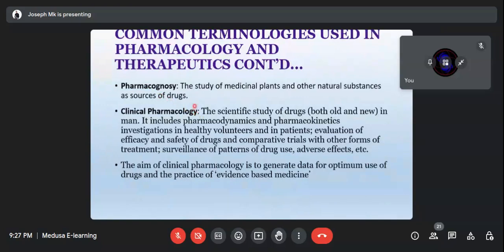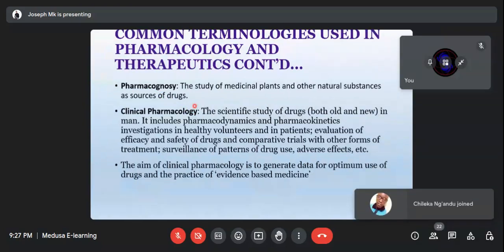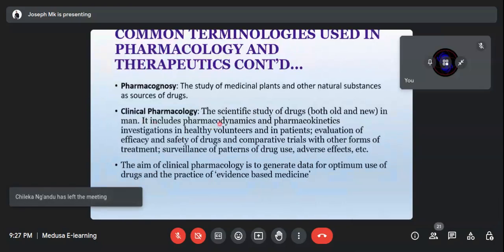Then from there, we need to look at clinical pharmacology. Clinical pharmacology is simply the scientific study of drugs, both old and new, in man. It includes pharmacodynamics and pharmacokinetics. I'm sure by now you are very much familiar with them. Pharmacodynamics is the drug power, and pharmacokinetics is just the movement of a drug in your body.